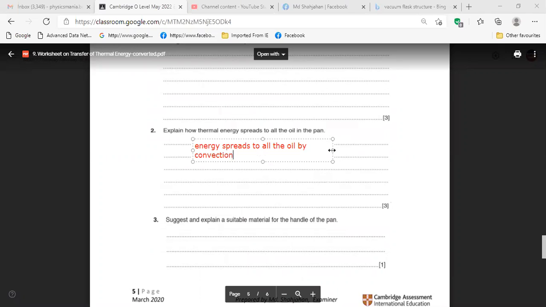Second mark, there is circulation of molecules so that it is distributed uniformly, right?